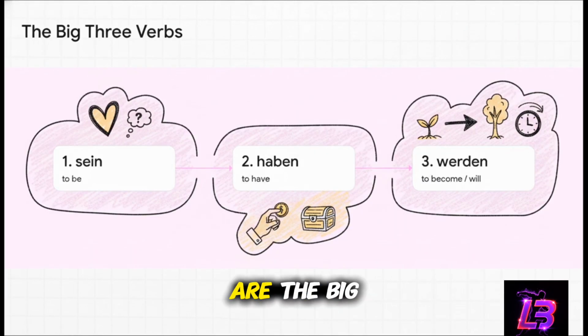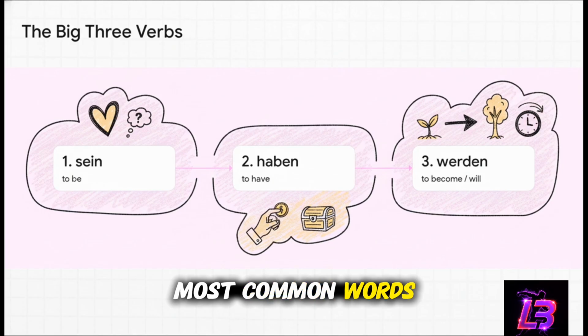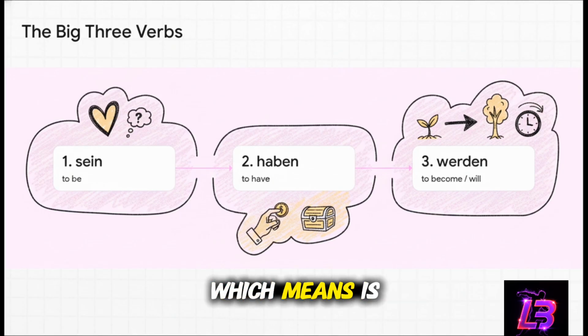And here they are, the big 3. We've got sein, to be, haben, to have, and werden, to become, or how you form the future tense, like will. In fact, one of the most common words in German, ist, which means is, just comes from the verb sein. These 3 are the absolute core of the German language's engine.